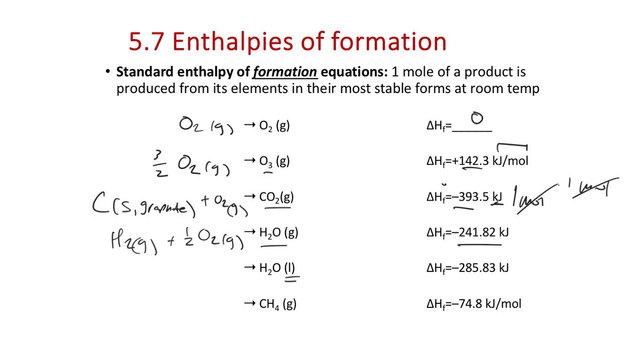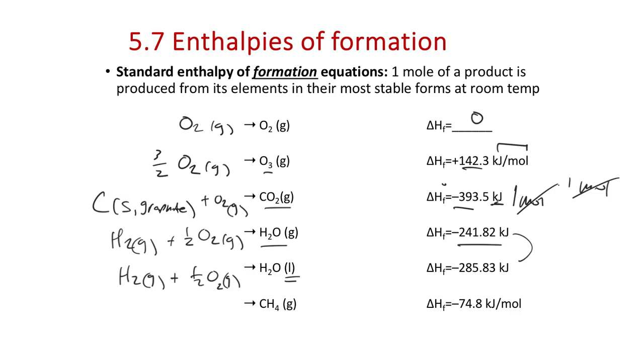Now, water liquid should have a different delta HF from water gas, but the reaction is the same reaction. You may ask, when I see water as a liquid, do I need to change H2 to a liquid, O2 to a liquid? No, those stay the same form. It's still hydrogen gas and a half O2 gas. So we don't change anything on the left side just because we changed the physical state on the product side. We just now have a new delta H, a new enthalpy of formation.